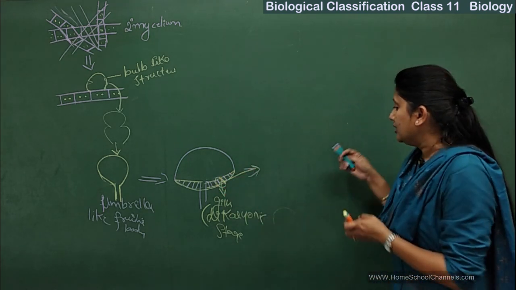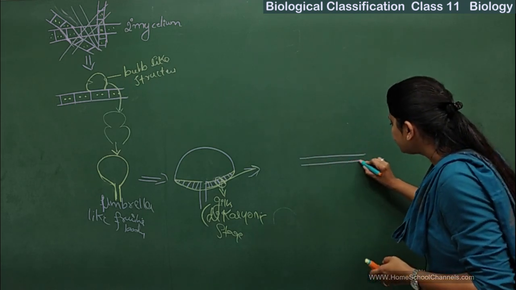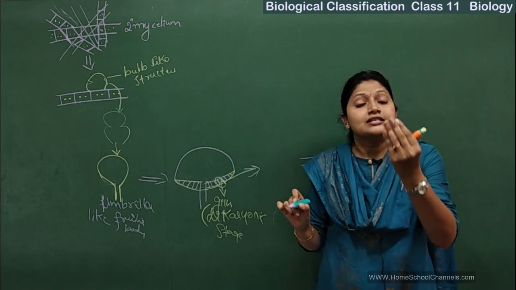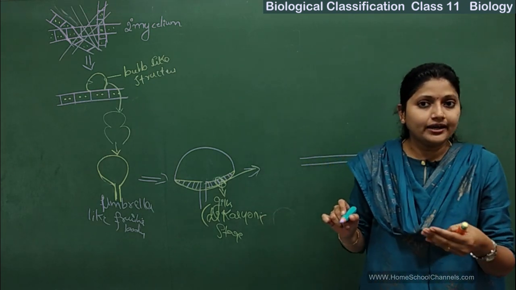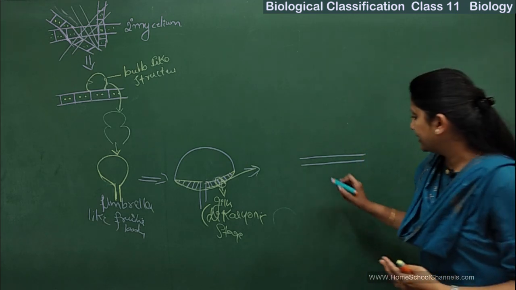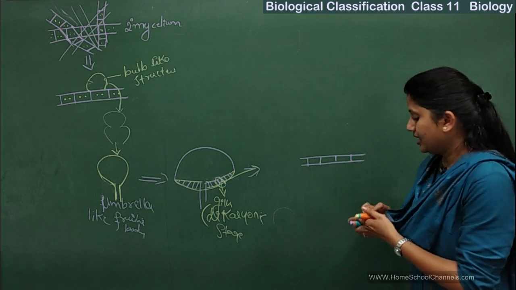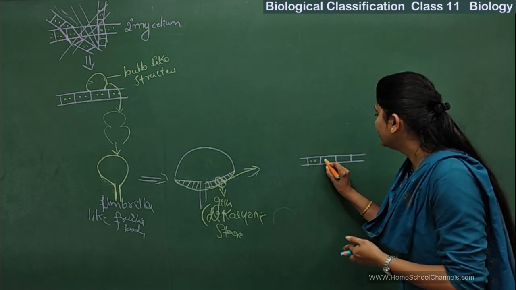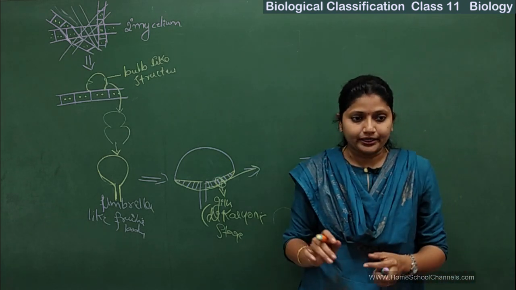This is a gill, and as I've said, the gill is in the dikaryotic stage. It means there are two nuclei. It is again septate, and we have two nuclei in every segment.